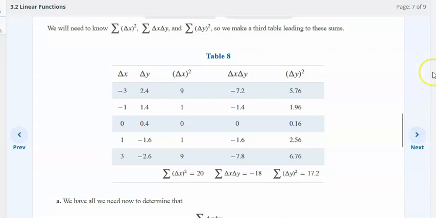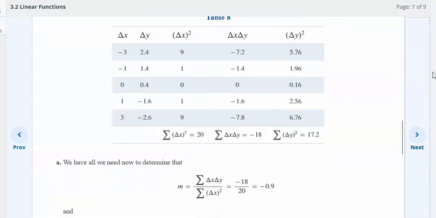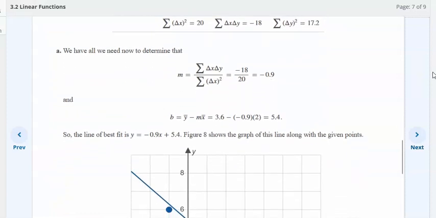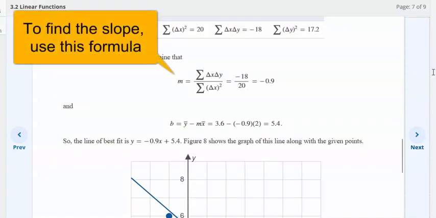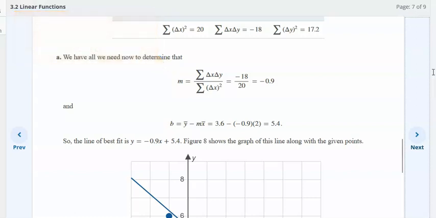Let's just move this down a little bit more. We take the product of this divided by, that would be this, which gives us a negative 0.9.